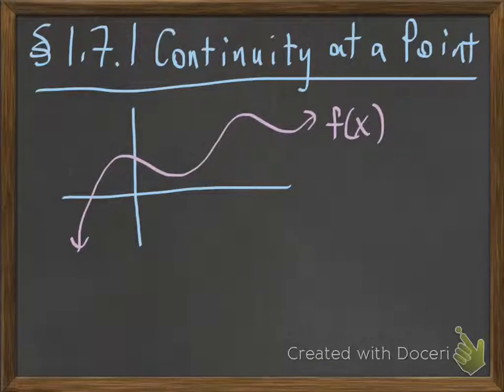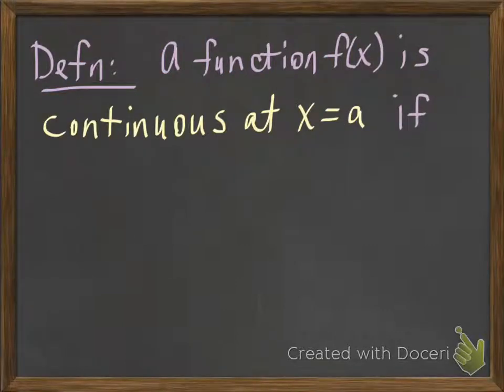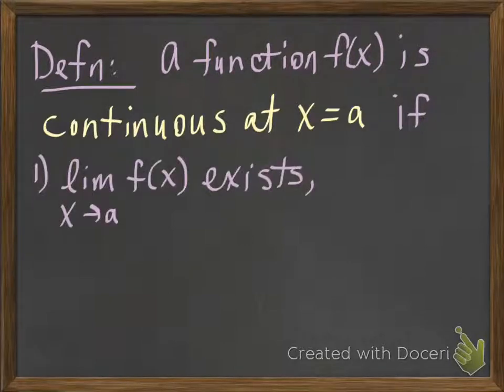We want to have a very precise definition of what it means for a function to be continuous at a point, so there's no ambiguity. So our formal definition is that we will say a function f of x is continuous at x equals a if the following holds.